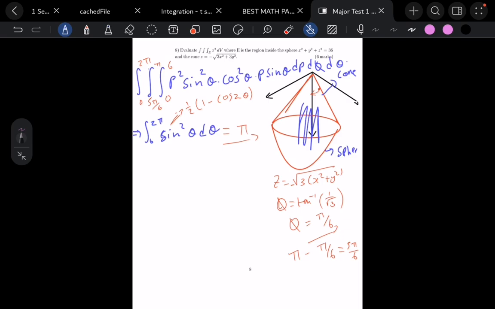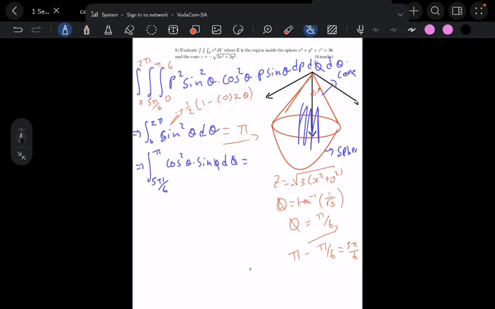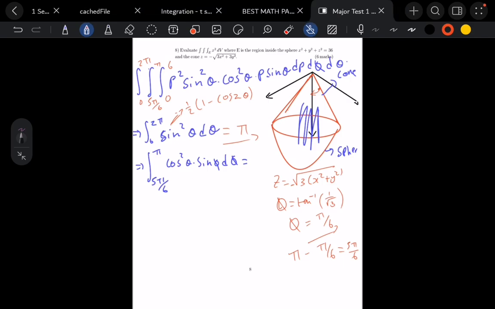Right. The second integral is the integral of phi. So you have an integral between 5 pi over 6 to pi of cos squared phi times sine phi d phi. What is the answer here? What you can notice is that you can take your substitution by saying let u be cos phi.